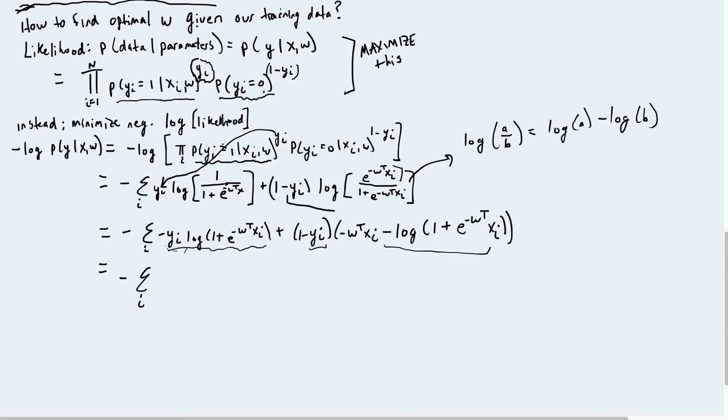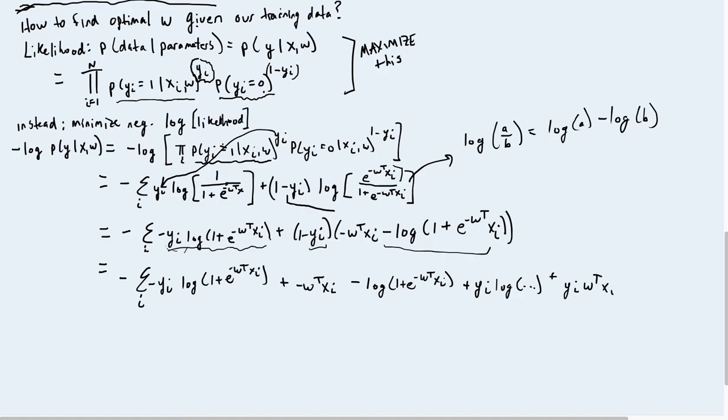So over i, negative yi log of 1 plus e to the negative w transpose xi plus negative w. I'm just going to FOIL these two terms. This would be a minus log of 1 plus e to the negative w transpose xi, and then plus yi log of the same thing, plus yi w transpose xi.